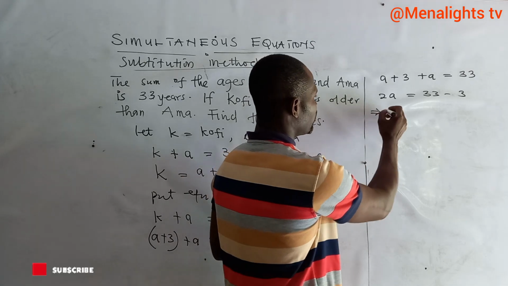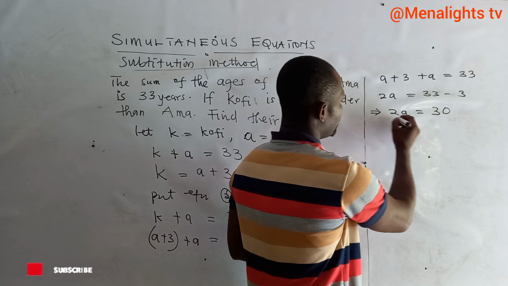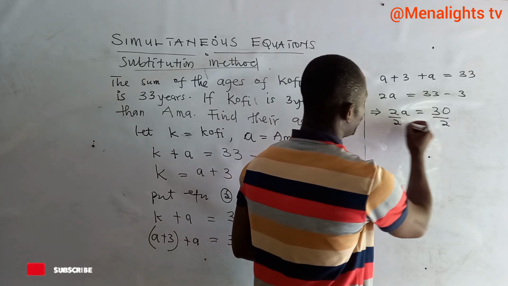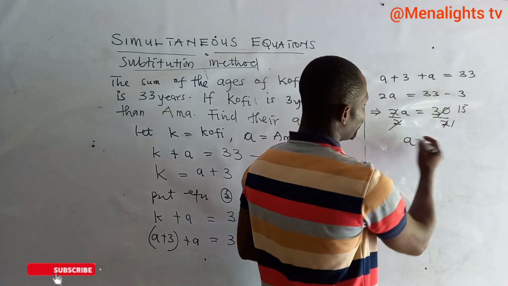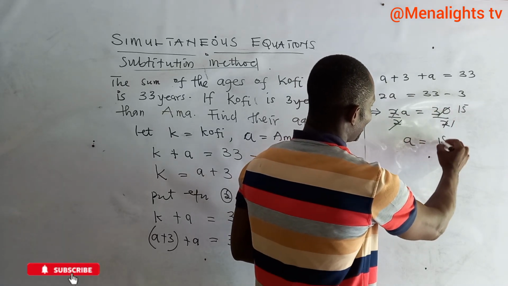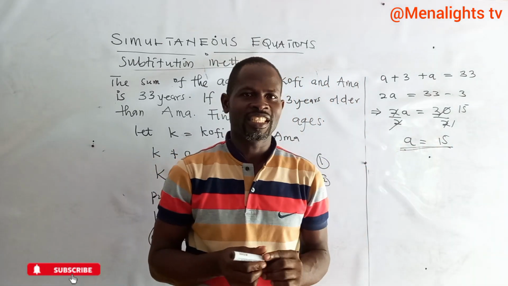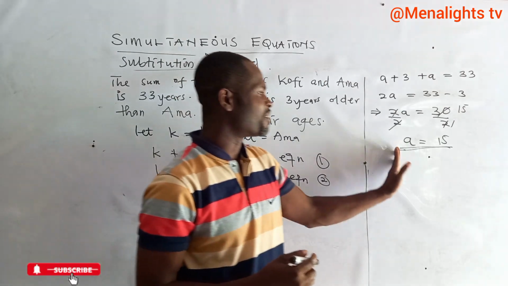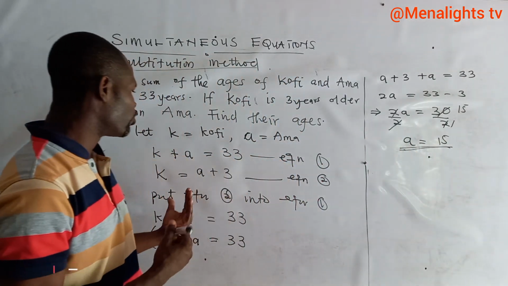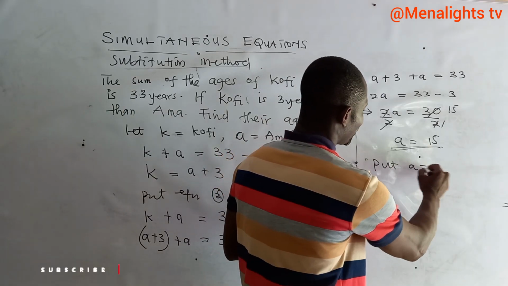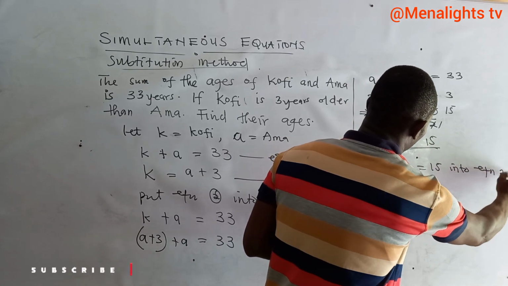So what we have is 2a, which is equal to 30. Divided by 2, divided by 2 here. So our a is equal to 2 here 1, 2 here 15. So the a here is 15, which means that Amma is 15 years old. So if Amma is 15 years old, we are now going to put the age of Amma into equation 2. a is equal to 15 into equation 2.